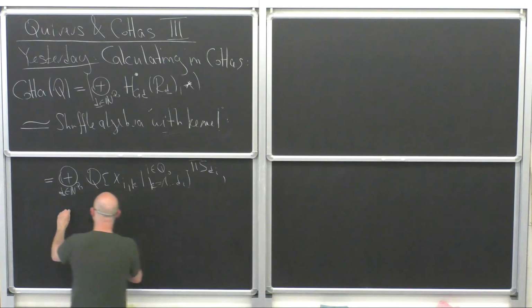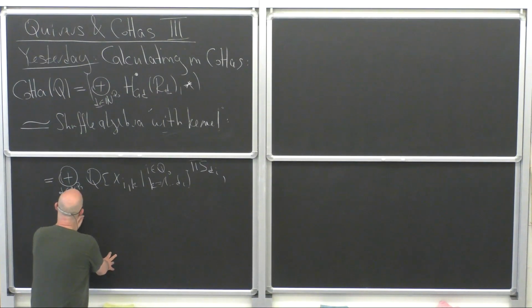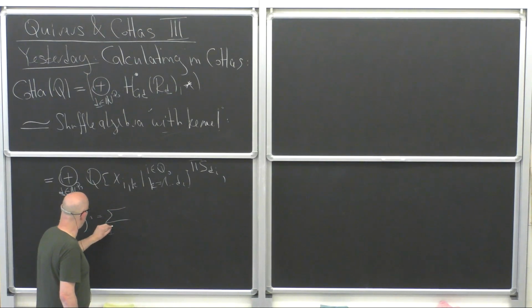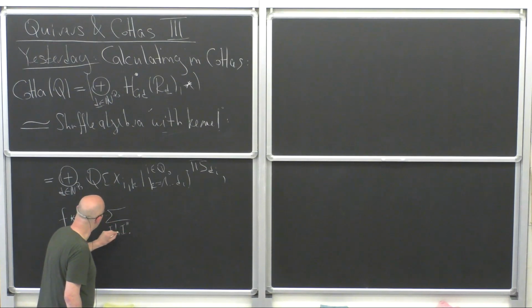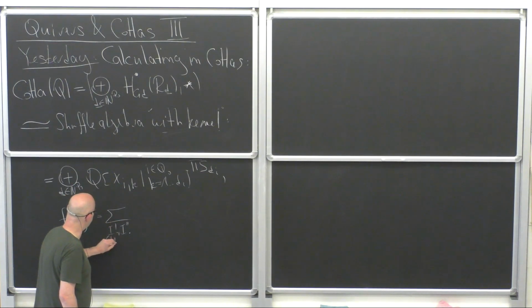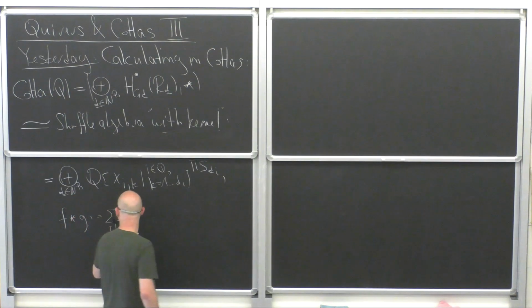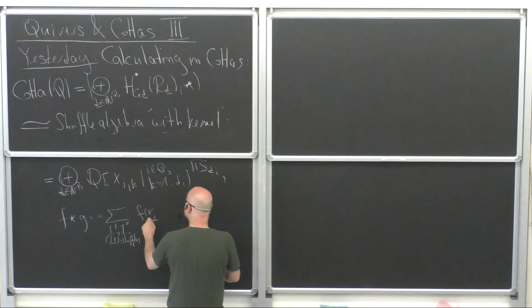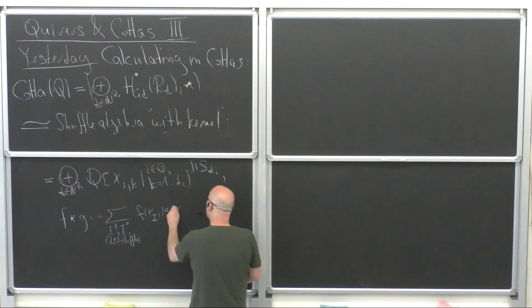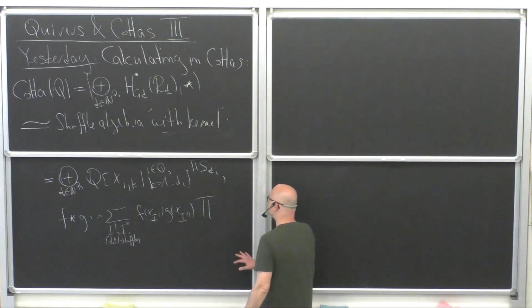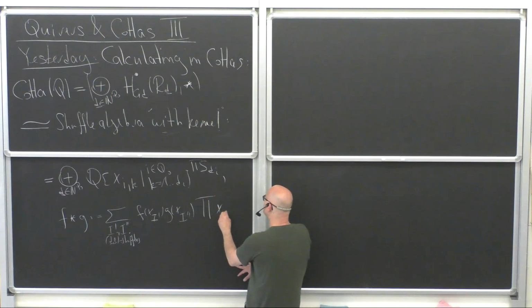And with the product, I will not repeat it in detail, but the product of f and g is defined as the sum over all I prime, I double prime, D E shuffles, f of x_{I prime}, g of x_{I double prime}, and then a shuffle kernel, which was essentially just a huge product over differences x minus x.